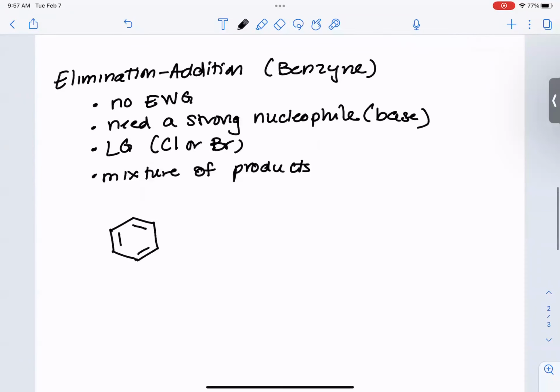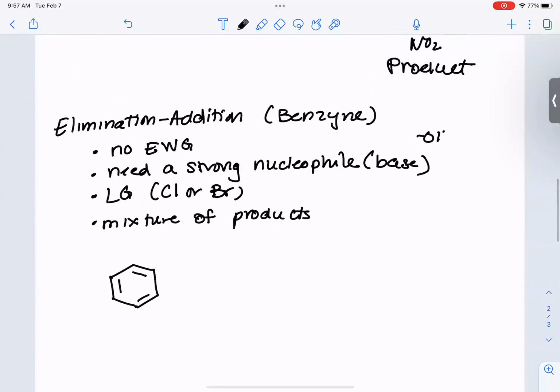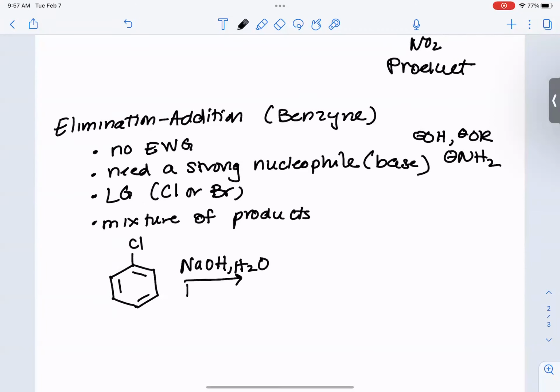So you're looking at things like OH minus, OR minus, or NH2 minus. So I have my halogenated benzene. I'm going to treat it with sodium hydroxide and water. I'm going to heat it. All right, so that's going to be your first step.